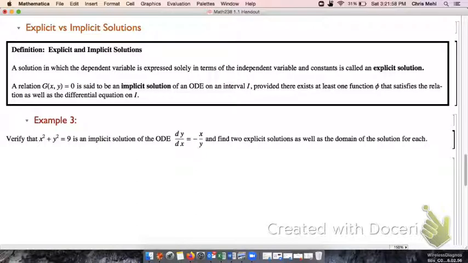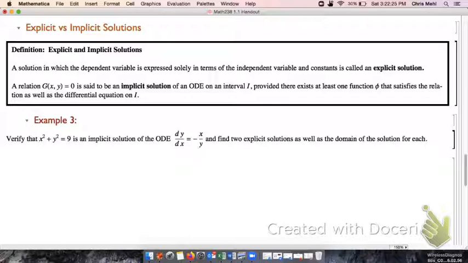Okay, so now, definition. What's the difference between an explicit and implicit solution? A solution in which the dependent variable is expressed solely in terms of the independent variable, such as the previous example, and constants, that is called an explicit solution. A relation, again, notice now it might not necessarily be a solution function.